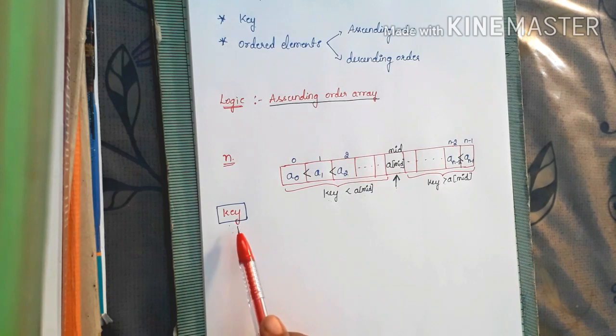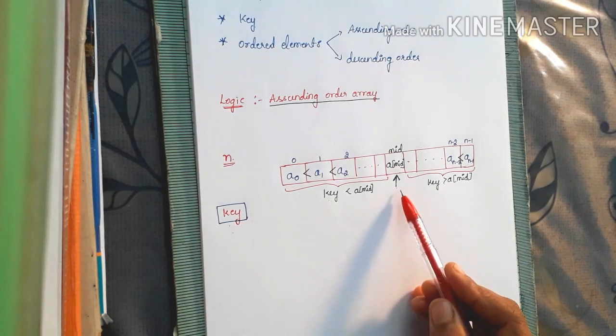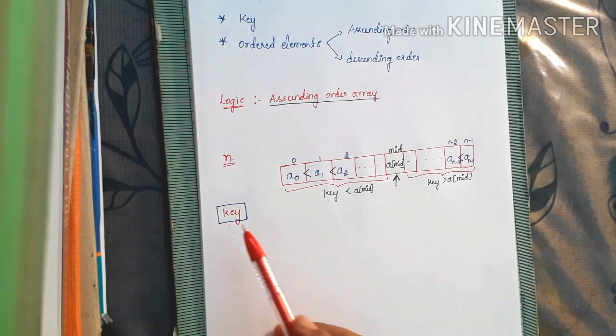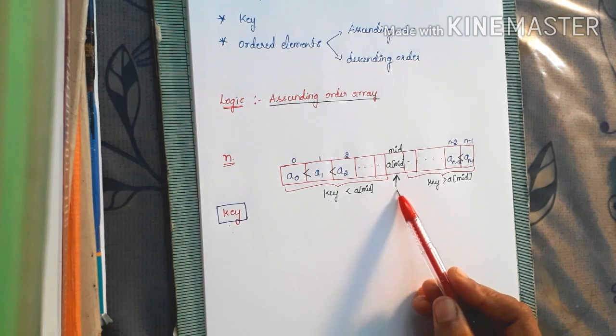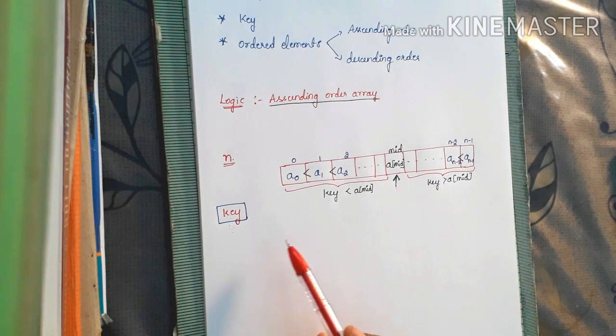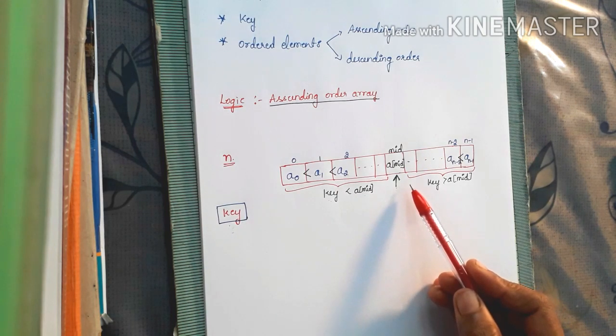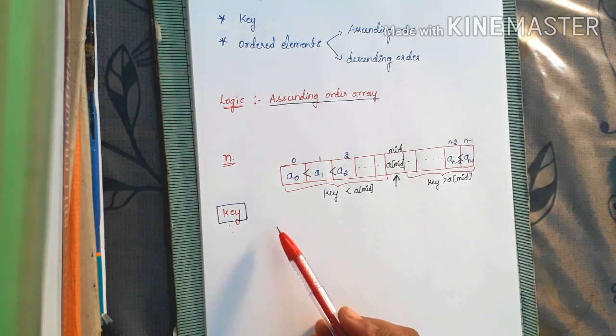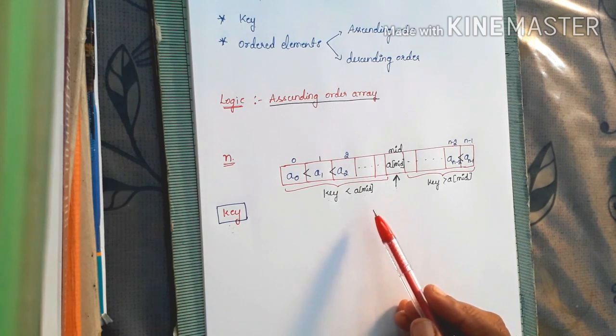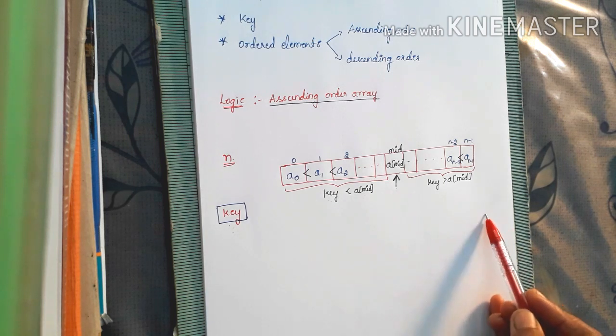The binary search technique compares the key element with the middle element. In case the key element is equal to the middle element, that is nothing but the key element is found in the array. In that case, the program prints the output message successful search.